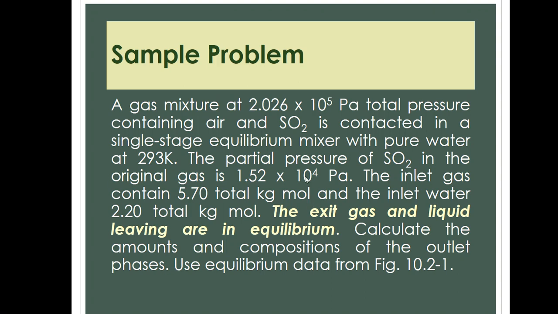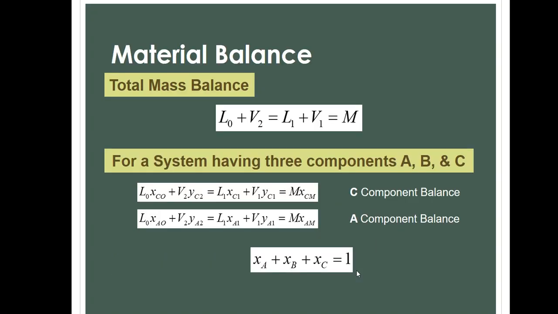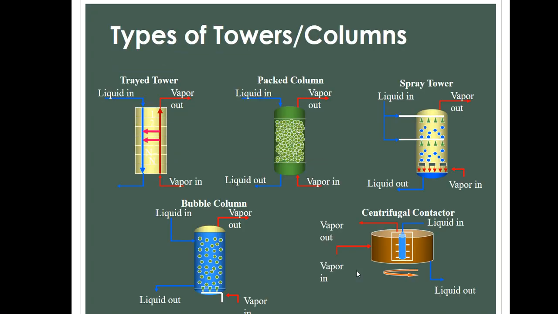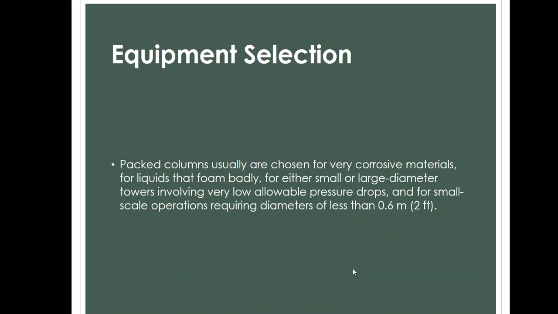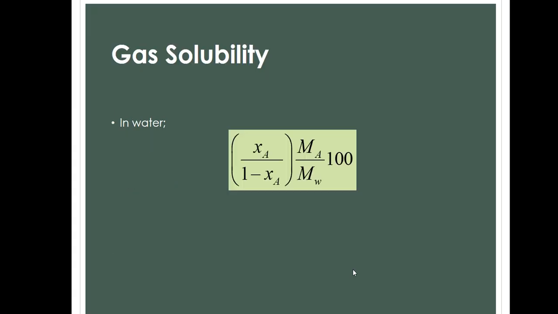Now for our problem, we are to calculate the amounts and composition of the outlet phases, the amounts and their composition, and we are to use the data from figure 10.2-1. This problem is patterned from Geankoplis, and this equilibrium data from figure 10.2-1 is simply the linearized relationship between XA and YA by Henry's law.